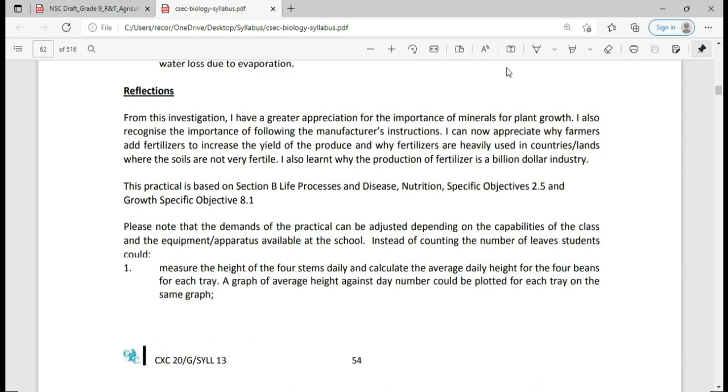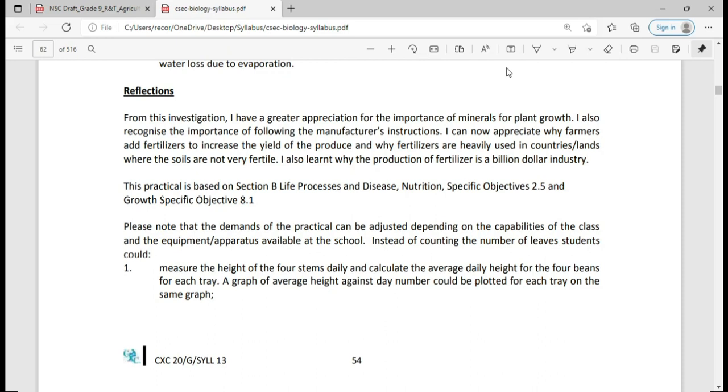I want you to look at the second paragraph here. This practical is based on section B, life processes and disease, nutrition, specific objective 2.5, and specific objective 8.1.